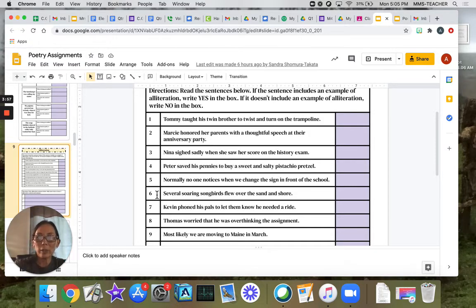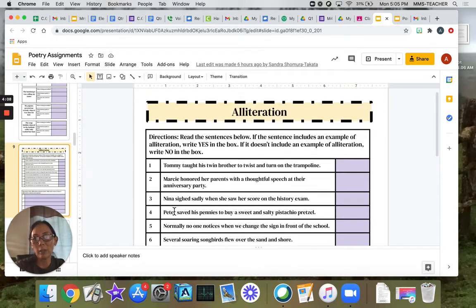Number 1, Tommy taught his twin brother to twist and turn on the trampoline. So I'll just tell you, number 1 is an example of alliteration. So for number 1, you would type yes.